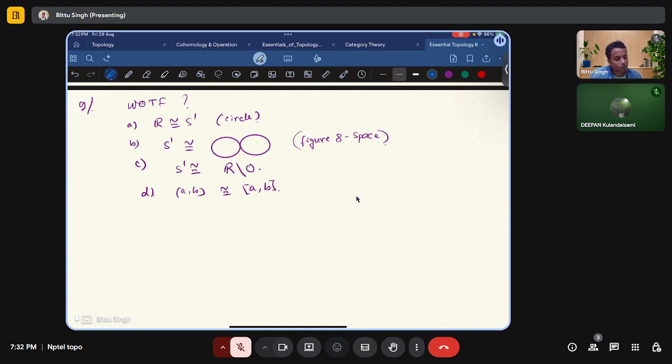To solve this problem we need something about connectivity. There is another topological property which can be useful to distinguish two topological spaces. So let us first discuss that property.